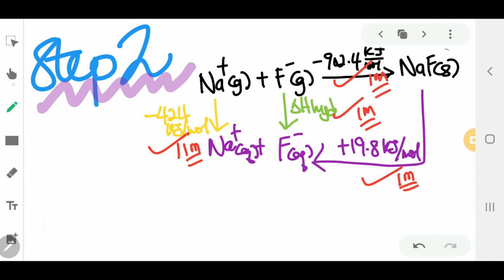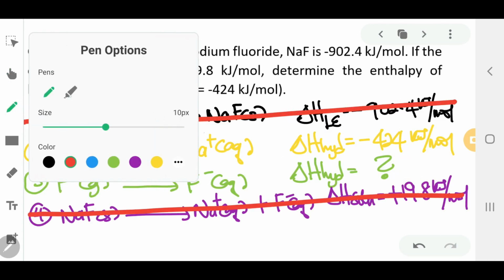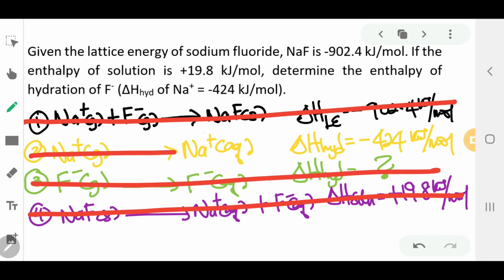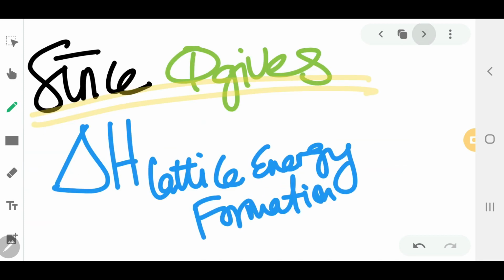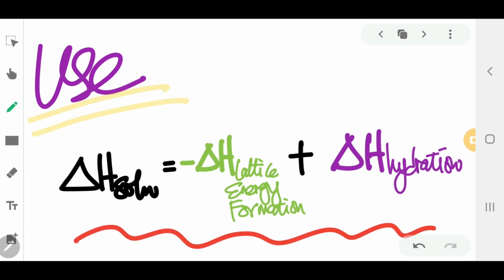Now, the energy cycle is completed, and what we need to do now is calculate the value of delta H hydration for F minus. So we have done that one, we have done that one, and next, since the question gives you delta H lattice energy formation, we have to use this formula.